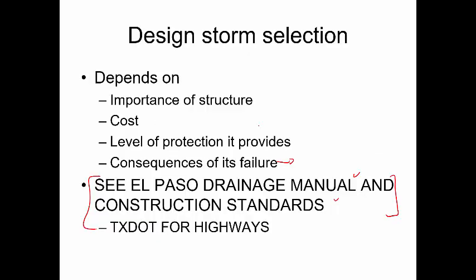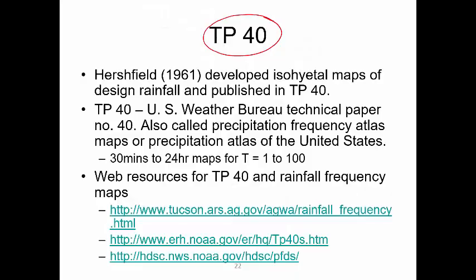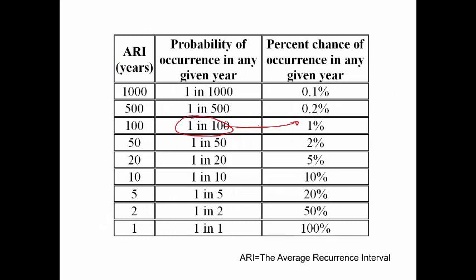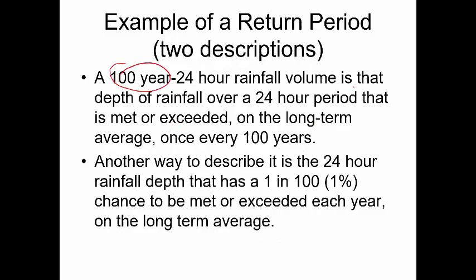So let me go back to that slide to review some of these terms. So this is the average recurrence interval, or you can just call it the recurrence interval, the probability of occurrence, and then the percent chance of occurring in a given year is the probability of recurrence, right?